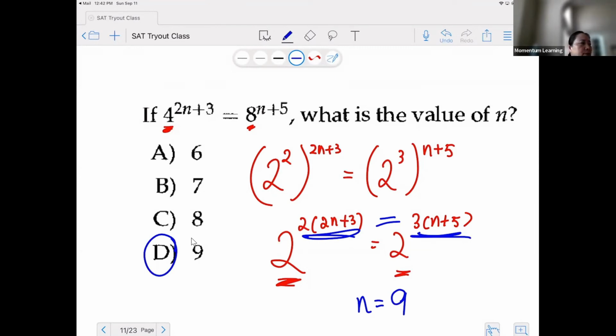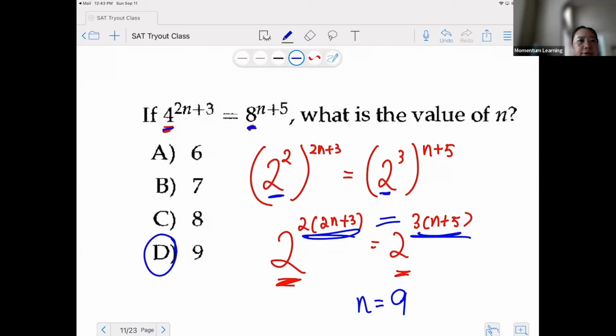For this one, if you plug in A, B, C, D, you will have big numbers. You will still get the correct answer, it just probably takes too long and wastes too much time. So let's try to make the same base on both sides.